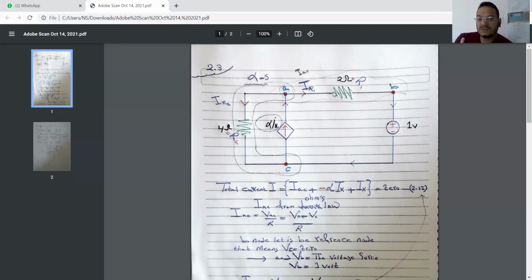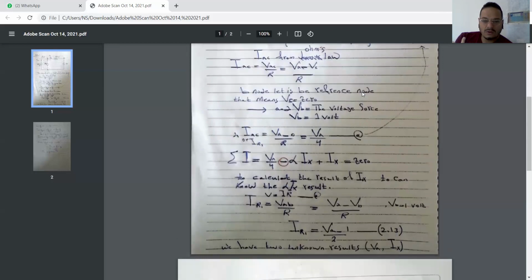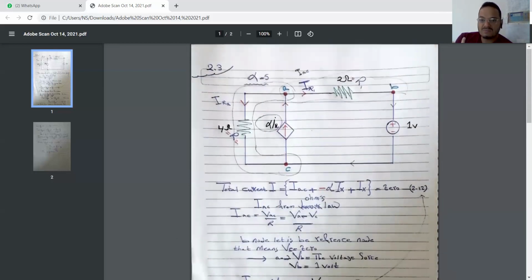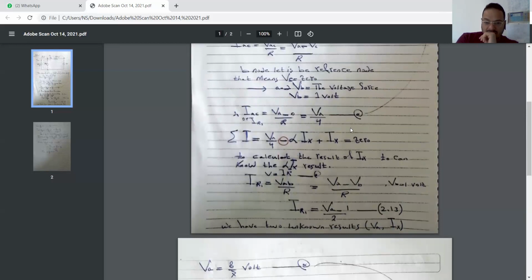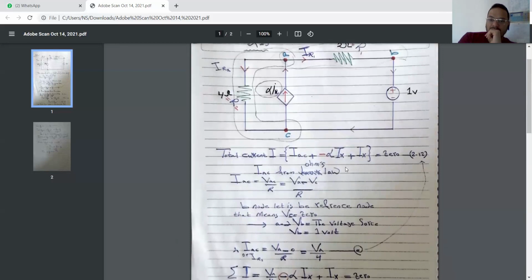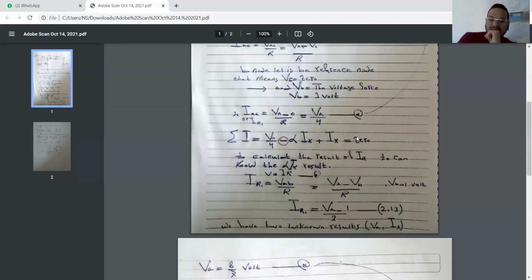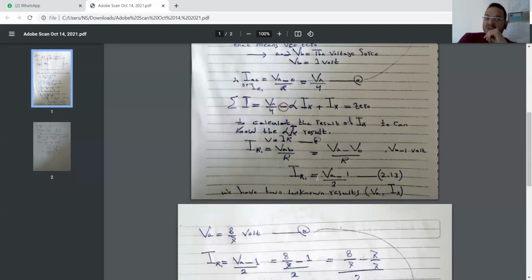That means VR1 equals VA minus VB, yes, that's right, VA minus VB divided by R1, which equals 2 ohm. Let's try to calculate it. VB, like I said before, equals 1 V. That means VA minus VB divided by R equals VA minus 1 divided by 2. What does that mean here? We have two unknown elements, IR1 and VA.